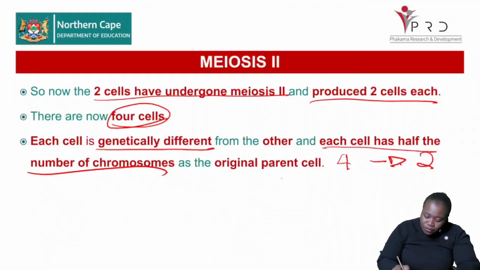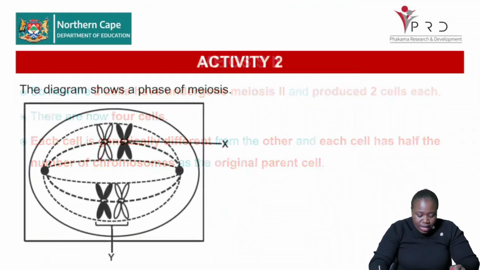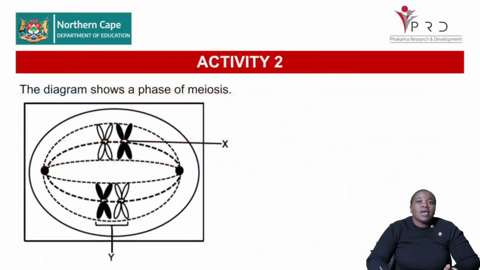If you start off with 46 in humans, you are going to end up with 23 chromosomes, and that is the characteristic that we look at when we look at the number of chromosomes in a gamete. A gamete must be haploid. A gamete must contain 23 chromosomes and not 46. It should be haploid. Okay, let's have a look at activity 2.